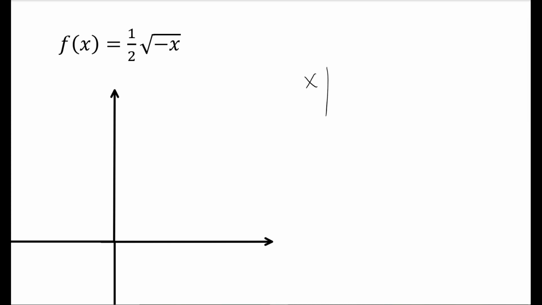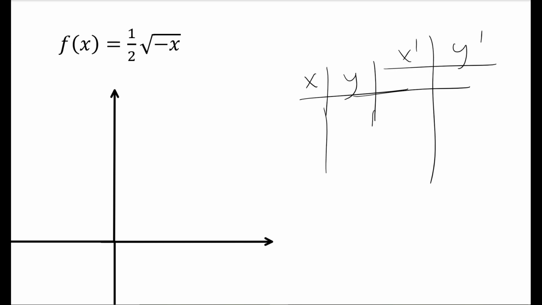So we got x, y, we got our transformations. So this is still going to be square root of x because we're dealing with a square root here, right? Instead of a cube root. So we have the same numbers here.